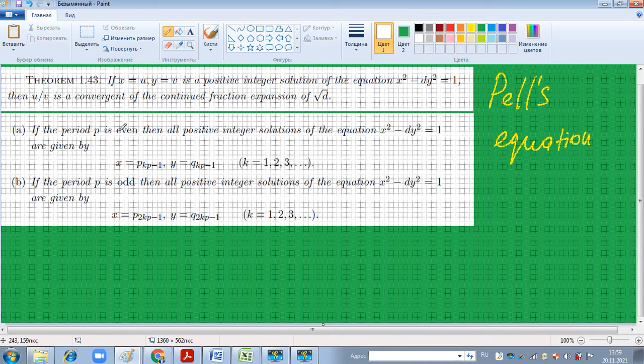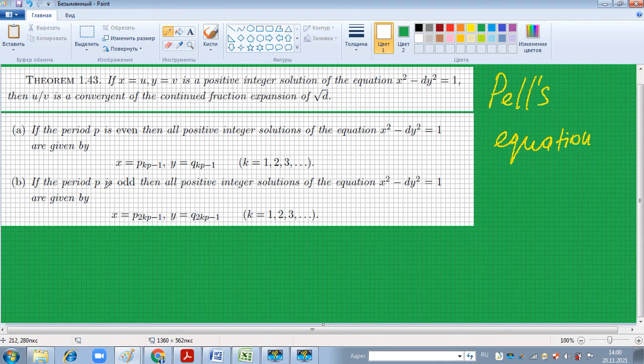If the period p is even, then all positive integer solutions of the equation x squared minus d y squared equals 1 are given by x equals p sub k p minus 1, y equals q sub k p minus 1, where k equals 1, 2, 3, and so on.